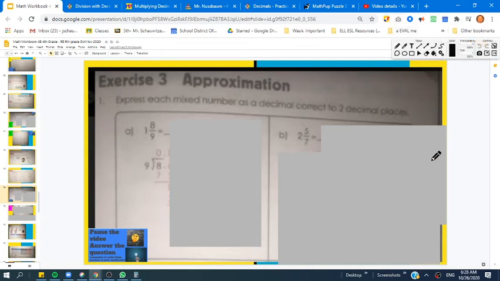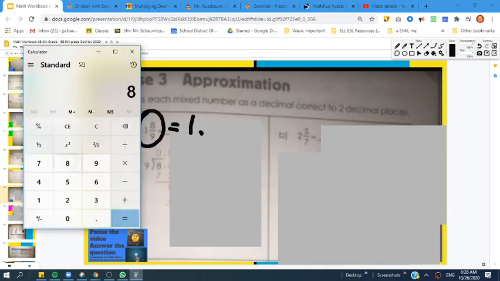Okay, so I already know that 1 8/9 is going to equal 1 point something because my 1 stays the same. To try to find 8/9 as a decimal, I'm going to divide 8 by 9. 8 divided by 9. Just to show you this a little bit easier, I'm going to try the first one on the calculator.